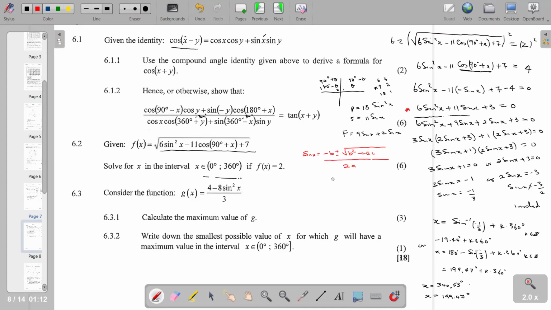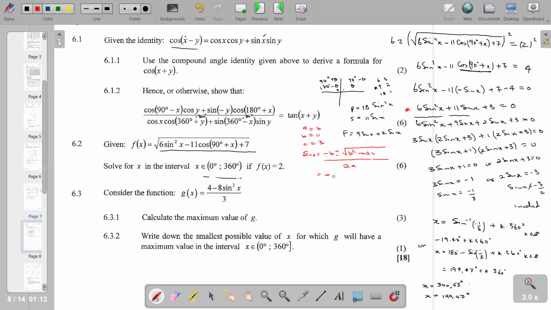2a. So here minus our b. If you check, a is the coefficient of sin squared x, which was equal to 6. Our b is the coefficient of sin x, which was 11. Then our c is the constant, which was equal to 3.